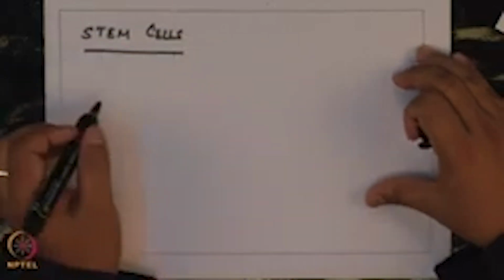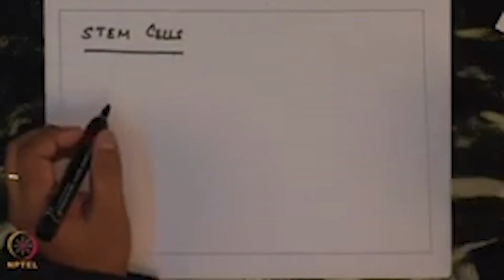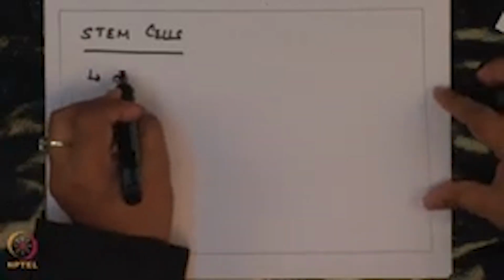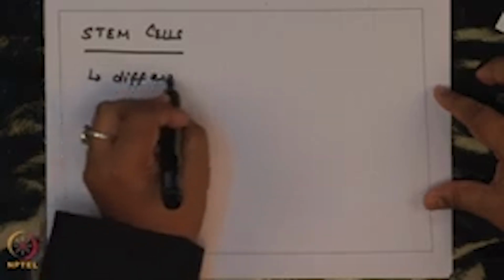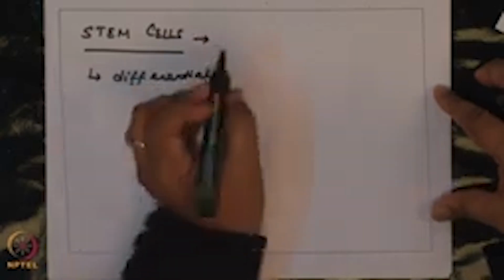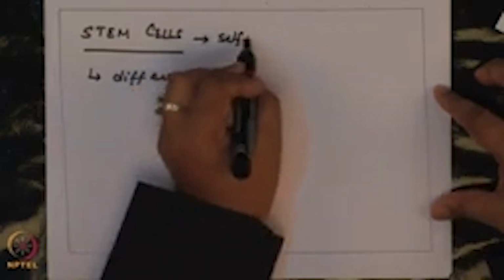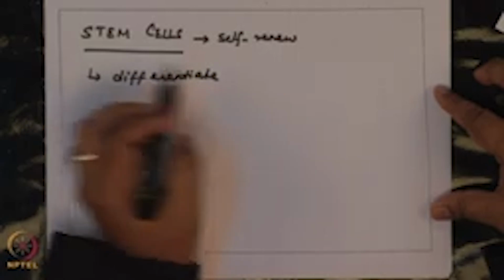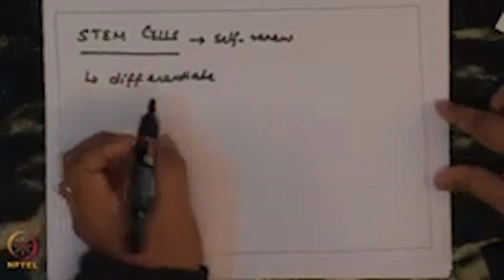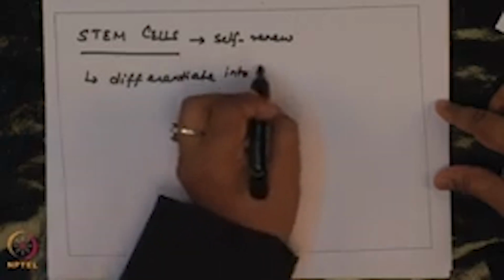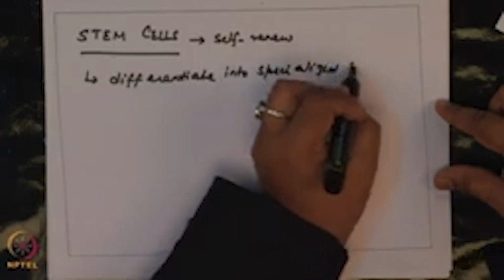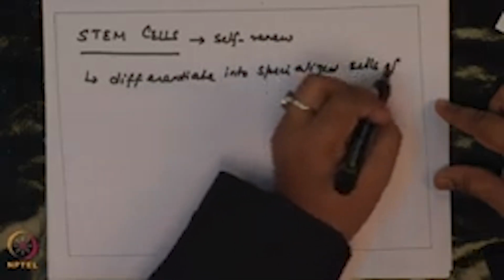Okay. So, what are stem cells? Stem cells are undifferentiated biological cells. You have cells which can differentiate. Two aspects of stem cells: they can self renew, or divide to generate more of their own type, or they can differentiate into specialized cells of different tissues.